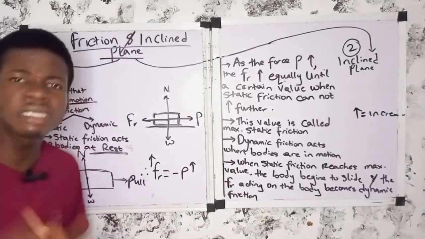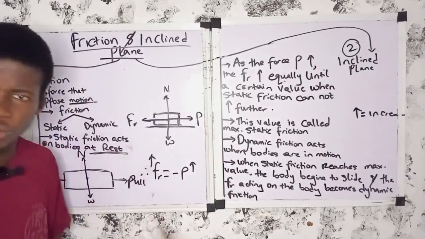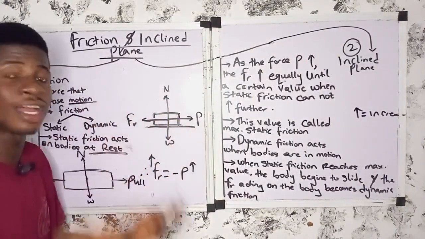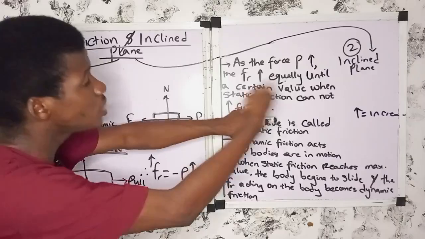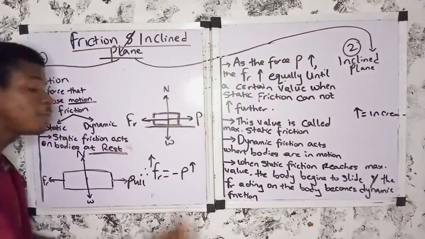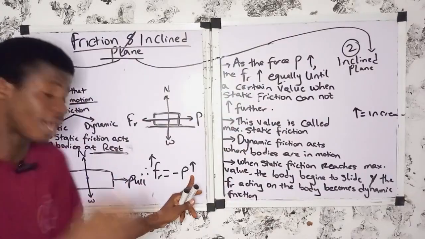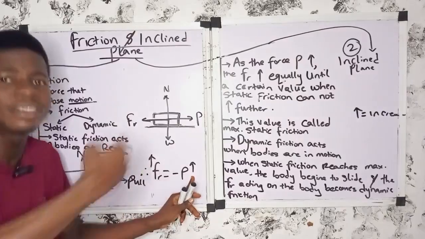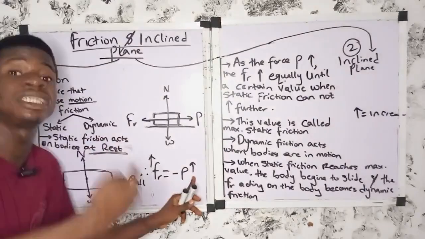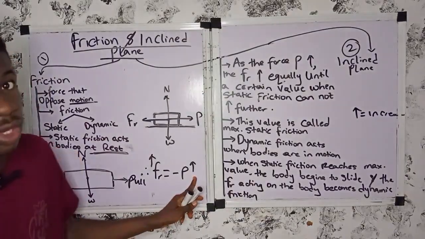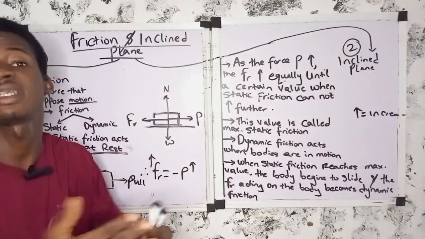If we keep on increasing the pull force, the frictional force will also keep on increasing. It will increase to a certain value and cannot increase further. Remember, increasing the pull force, we also increase the frictional force, until it gets to a certain value at which it cannot increase further.